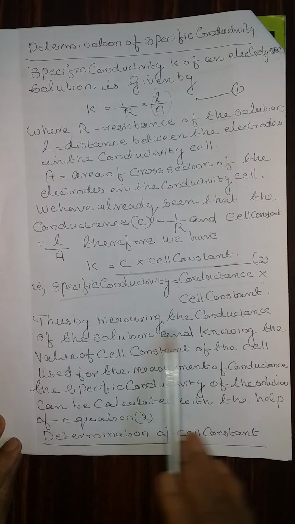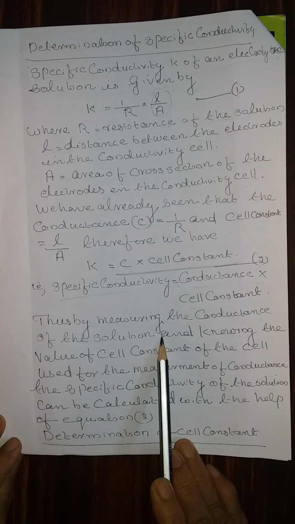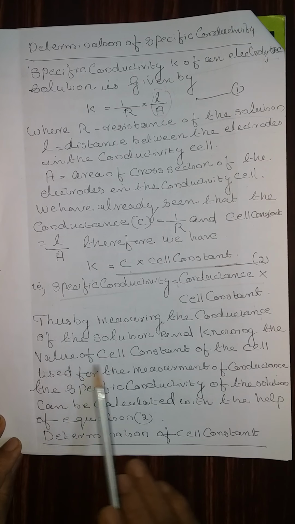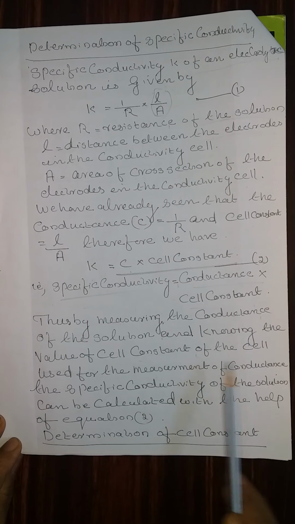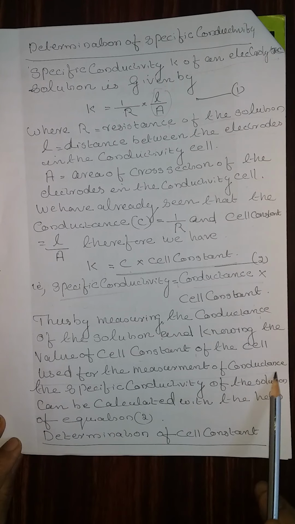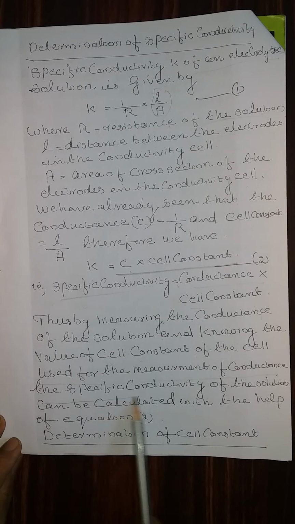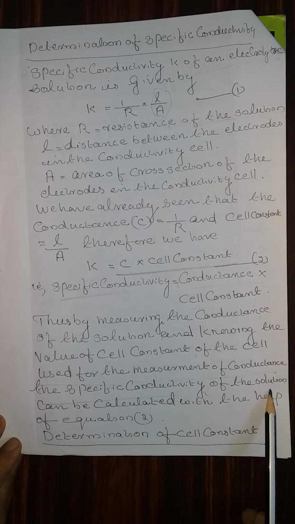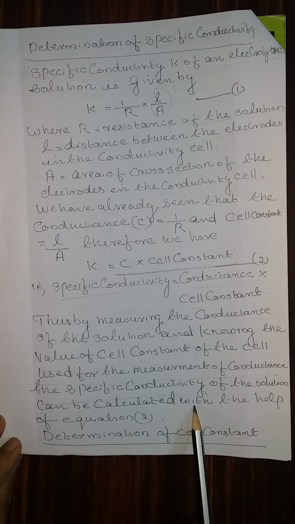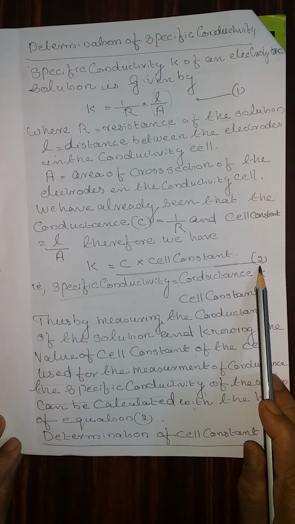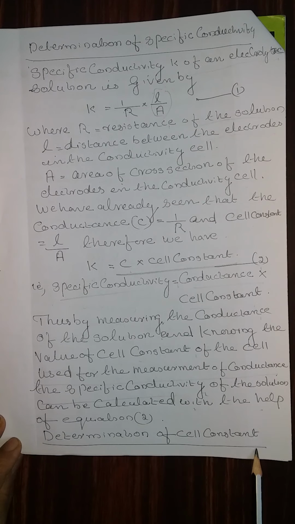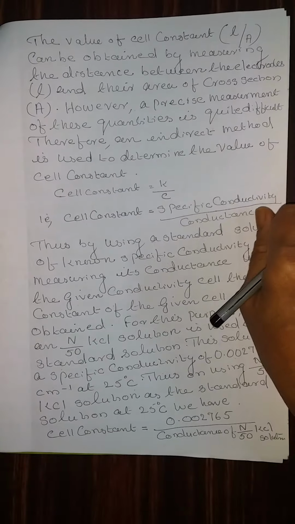Thus, by measuring the conductance of the solution and knowing the value of the cell constant of the cell used for the measurement, the specific conductivity of the solution can be calculated with the help of this equation. Determination of cell constant. That is the main point in the syllabus.